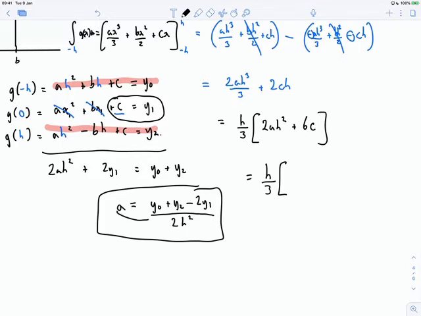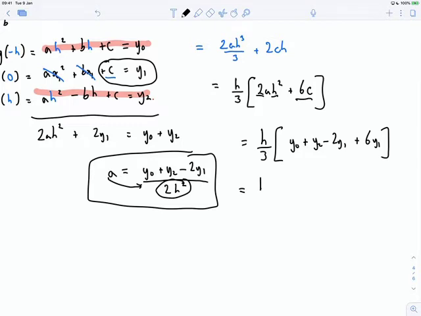Well, a is this thing here, and I've got 2h squared on the bottom. I'm timesing it by 2h squared, so they're going to cancel. So that's y0 plus y2 minus 2 lots of y1, and then plus 6 lots of c. Well, I know what c is, that's y1. And if I tidy this up, this is h over 3 times y0, and then I've got minus 2y1 plus 6y1, so it's going to be plus 4y1, and then I've got the y2 there.